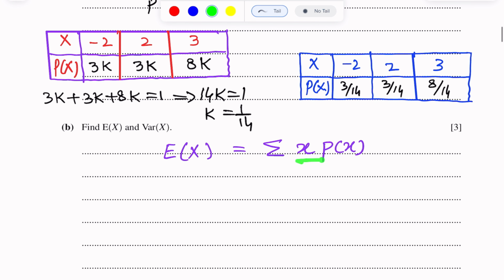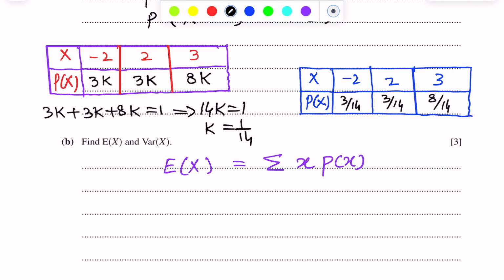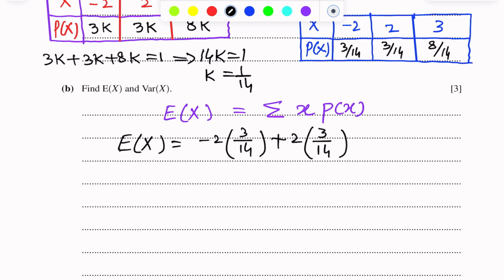So putting the values here, we get -2 into 3 over 14 plus 2 into 3 over 14 plus 3 into 8 over 14. We get expected value of x, -2 into 3 over 14 plus 2 into 3 over 14 plus 3 into 8 over 14.